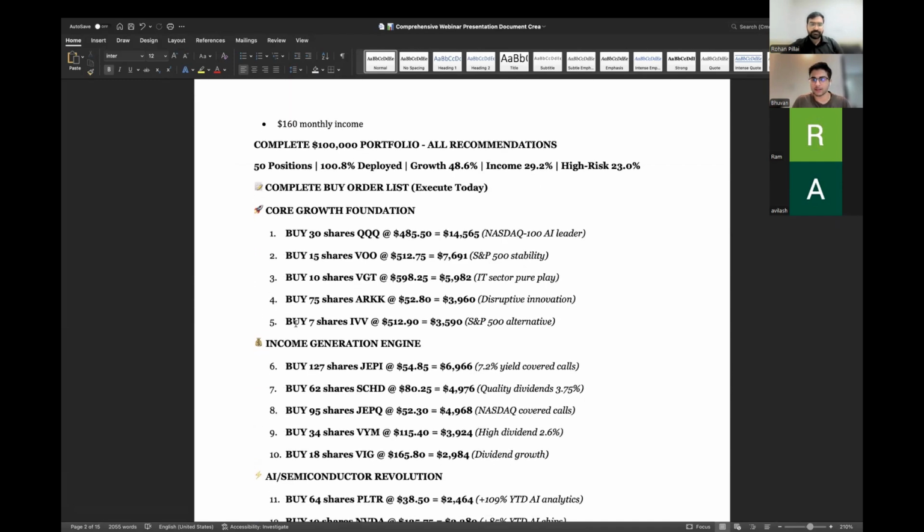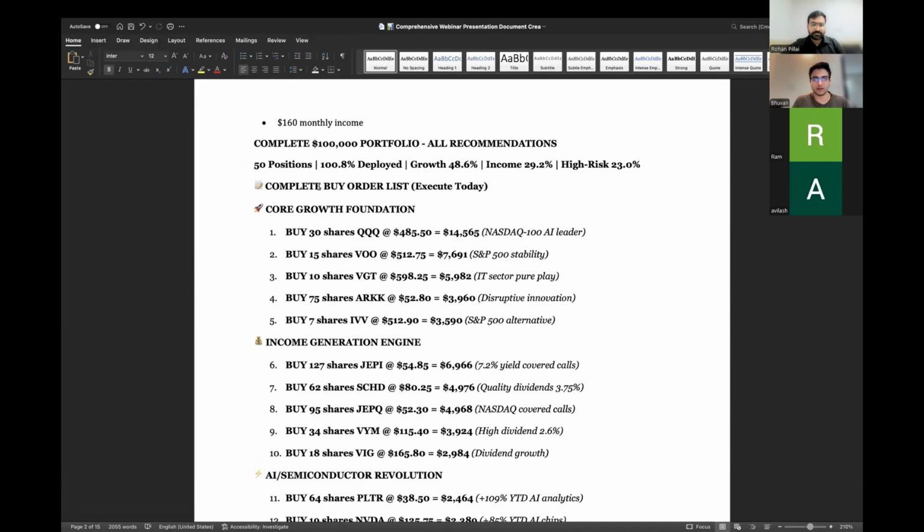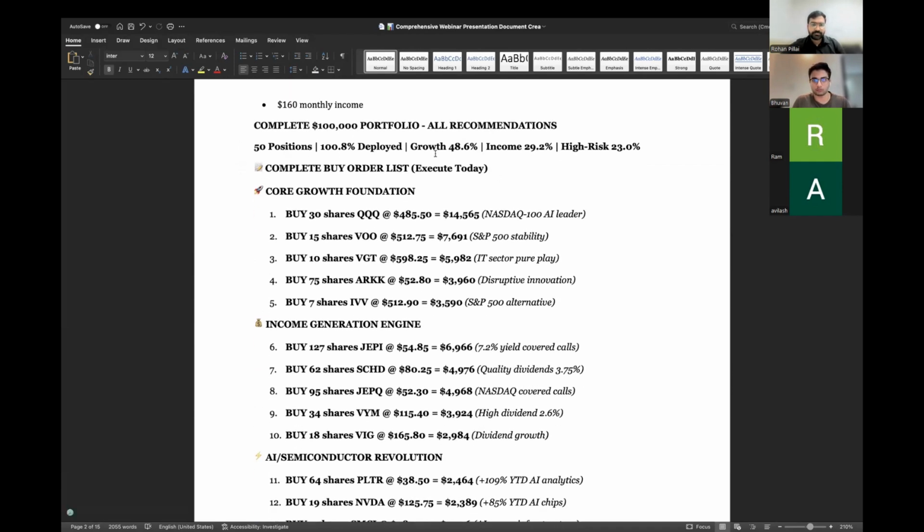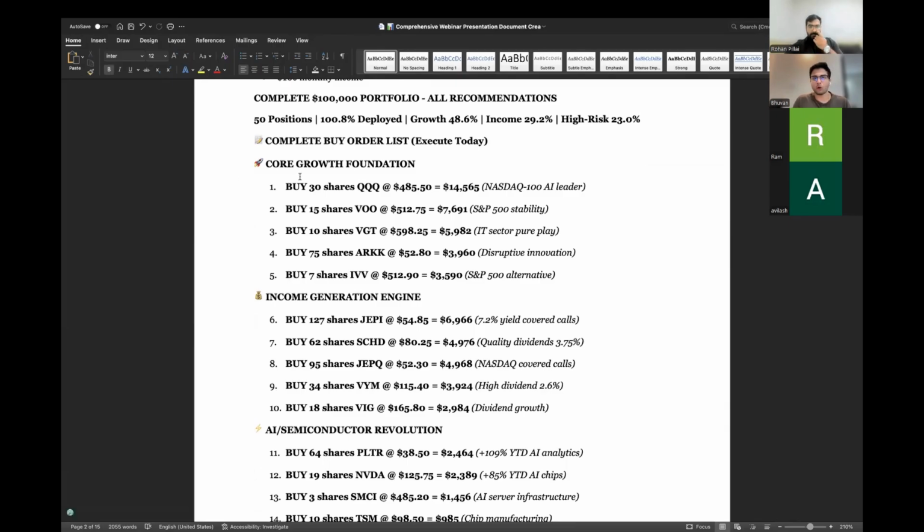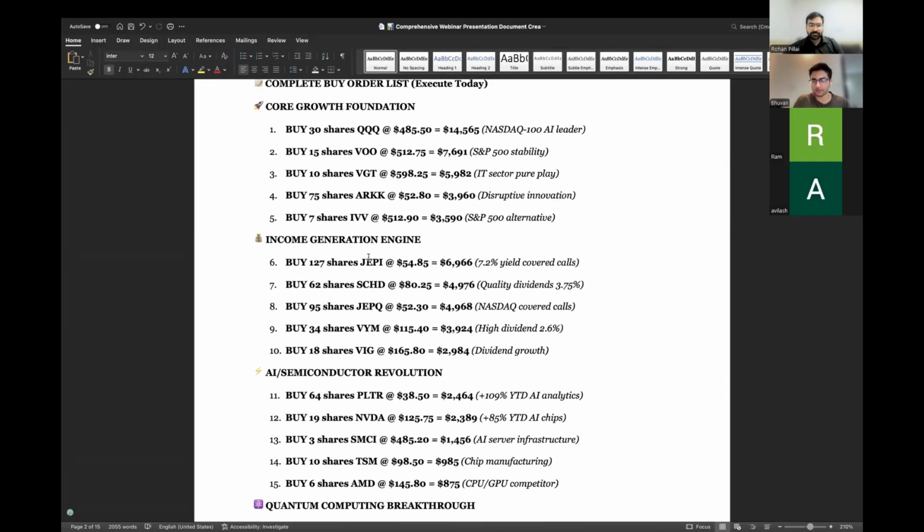So let's look at this. This is a complete 100,000 portfolio: 50% growth, 30% income, and high risk would be around 20%. So the core growth foundation would be your QQQ, VGT. I would not go into the names of these, but you can always do your research.